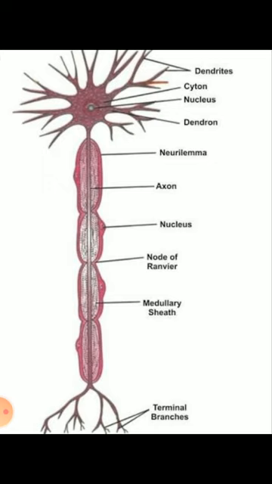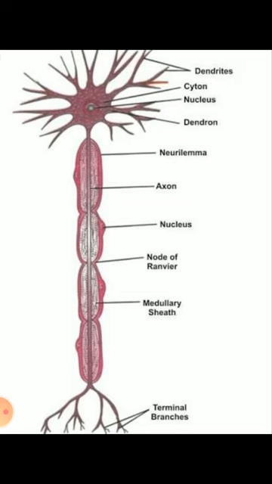Neuron is the structural and functional unit of the nervous system. And a neuron consists of cyton. Cyton is otherwise called perikaryon, or cell body. Nucleus is present, cytoplasm is present. There in the cytoplasm, cell granules are present. Dendrons and dendrites are the branches present on the cyton.